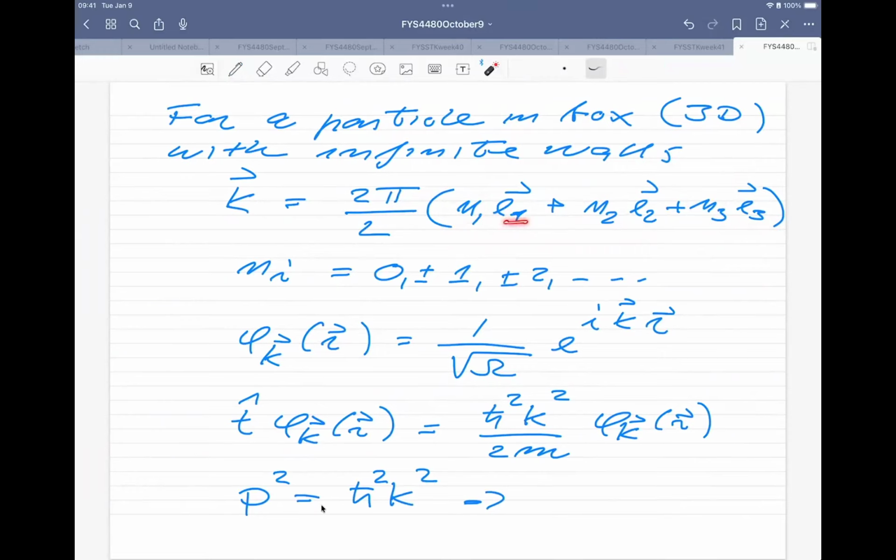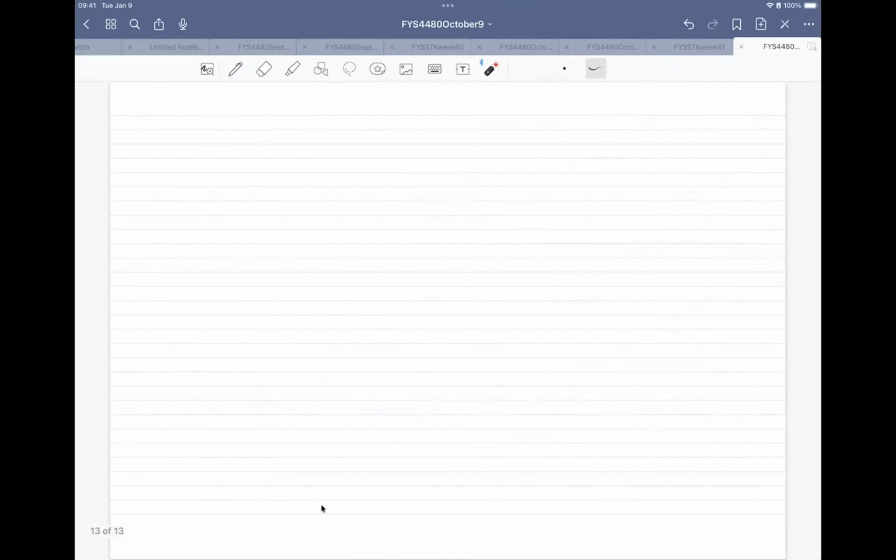So this could be the unit vector in the x direction, the y direction, and the z direction. So all the cross terms disappear. That means that this p squared is proportional to n1 squared plus n2 squared plus n3 squared. And then I can set up a table because they will give rise to what we are going to call so-called magic numbers.